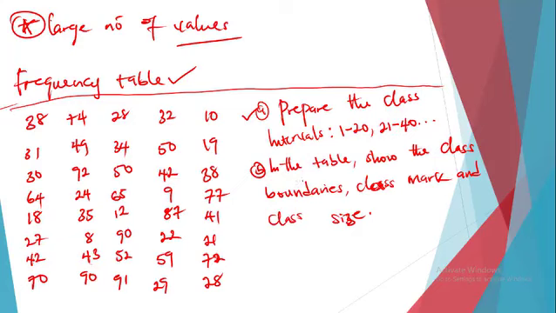B, we are asked to show the class boundaries, class mark, and the class size in the table. So we are asked to prepare a frequency table which will contain the class boundary, the class mark, the class size, and also we should use the class interval 1 to 20, 21 to 40, and the rest of them. So let us go to the next page as we begin to solve this.